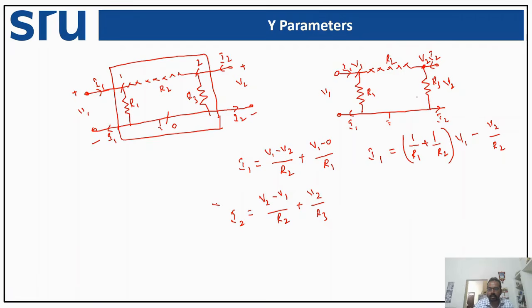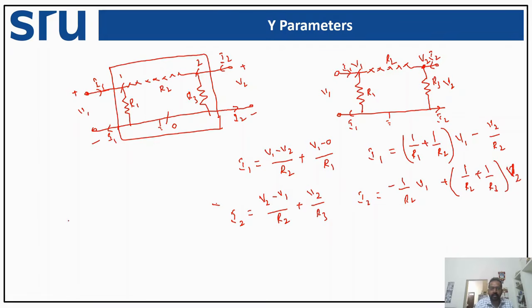As V2 is greater than 0, it is V2 minus 0 by R3. Rearranging this equation, I2 is equal to minus 1 by R2 into V1 plus 1 by R2 plus 1 by R3 into V2.